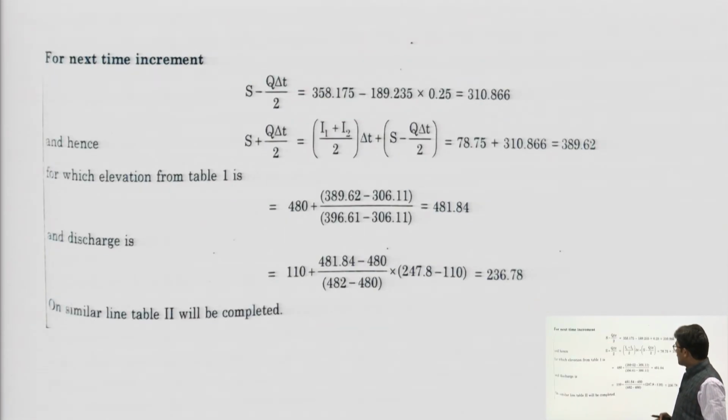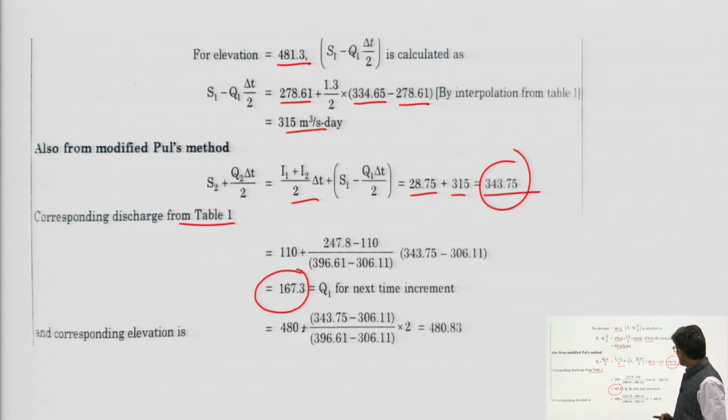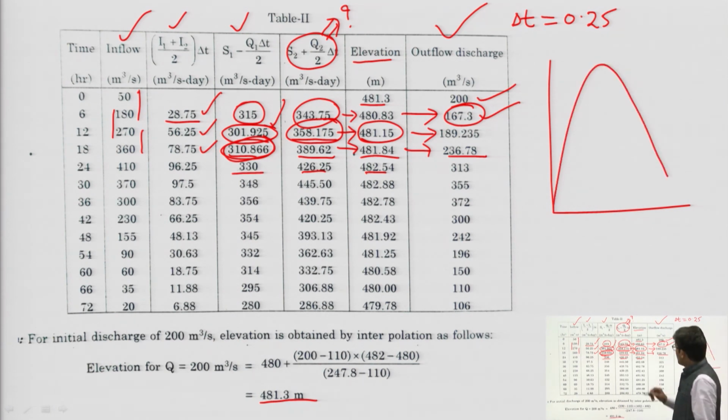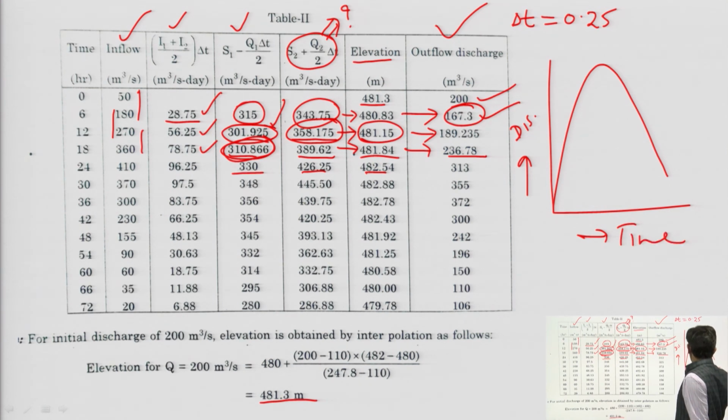Now we can make the plot, the input hydrograph, discharge versus time, and we will have this type of curve. From this peak we can calculate the attenuation, and the lag time we can calculate.